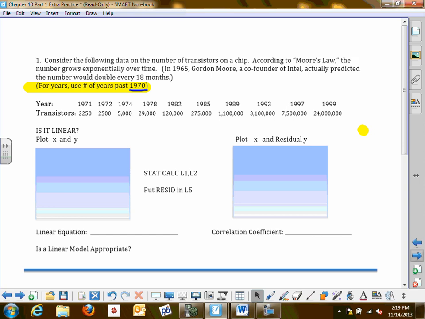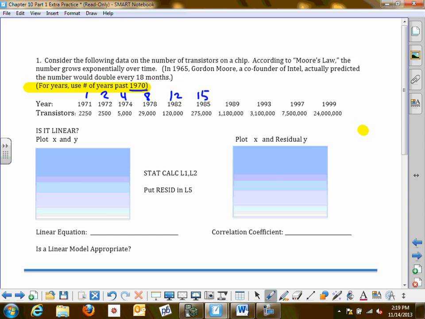Please, before you start, notice that I have defined for you what I want your x values to be. So here I say, for years, use the number of years past 1970. So you're going to be using 1, 2, 4, 8, 12, 15, and so on.